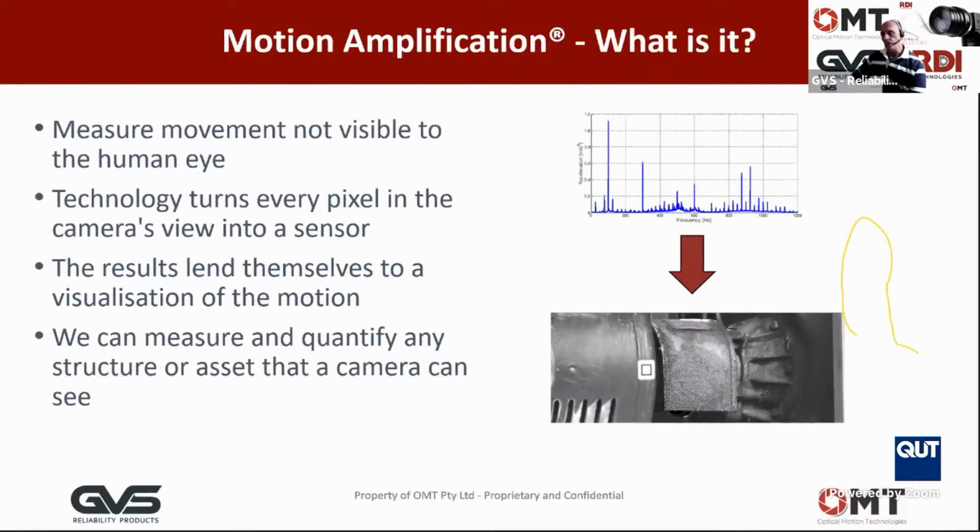What we're really about here is being able to visualize the deflections that might be present. And of course, we can measure and quantify any of those measurements that we might want to make, on any structure or asset that the camera can actually see.